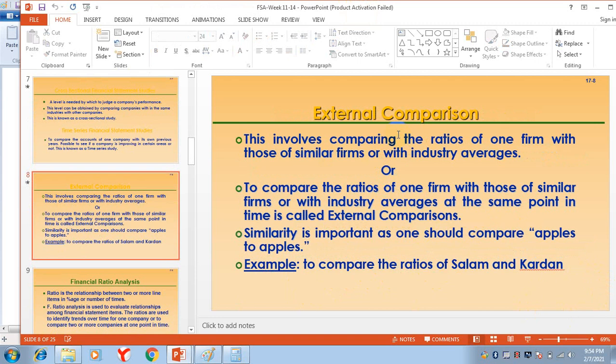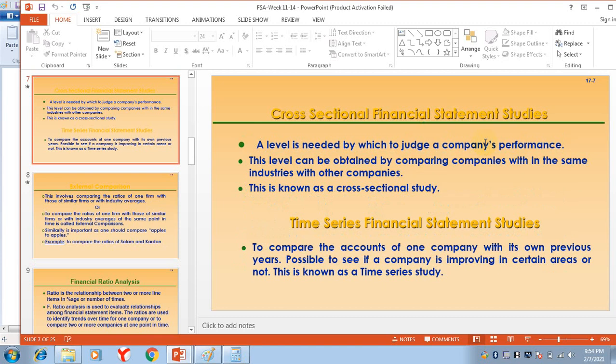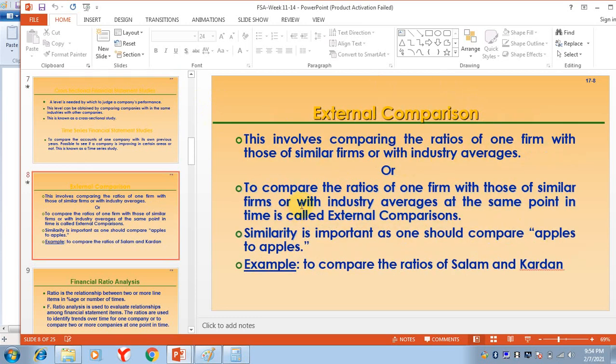External comparison, same thing. This involves comparing the ratios of one firm with those of similar firms. So external comparison and cross-sectional financial statement studies are the same thing: comparing the ratios of one firm with those of similar firms, or with the industry average, or comparing your company with the whole industry average.